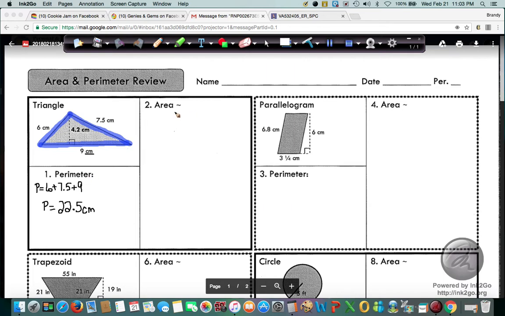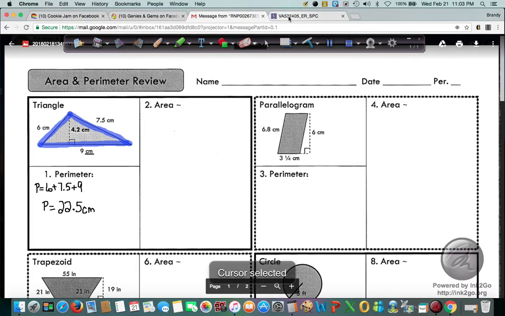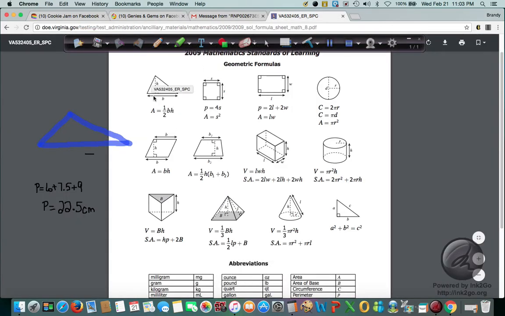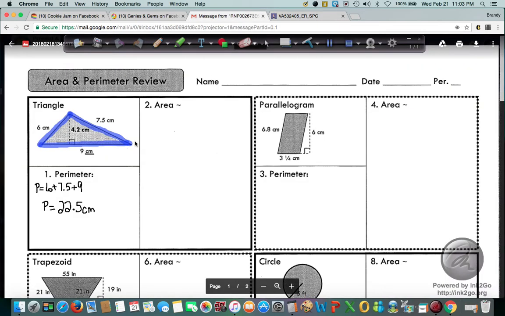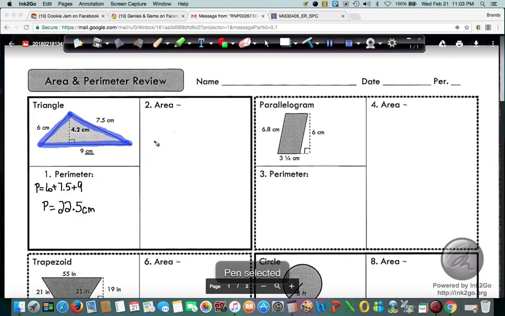For area, now remember we do have a formula for area. So we come over here to our formula sheet and we find a triangle. And we have area equals half the base times the height. Now just like you learned on the Pythagorean theorem, the very first thing you do is write down the formula. So area equals 1/2 base times height.